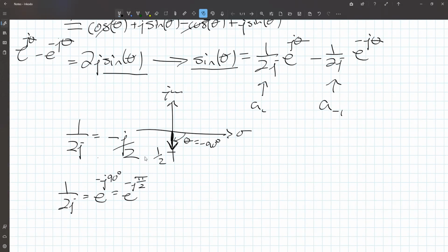Radians are actually better to use when you get introduced, because radians work out a lot nicer mathematically. And then this conjugate right here, -1/2J, that's equal to J/2. So that's coming up here, right? So this is going to be equal to 1/2 e to the j pi/2.